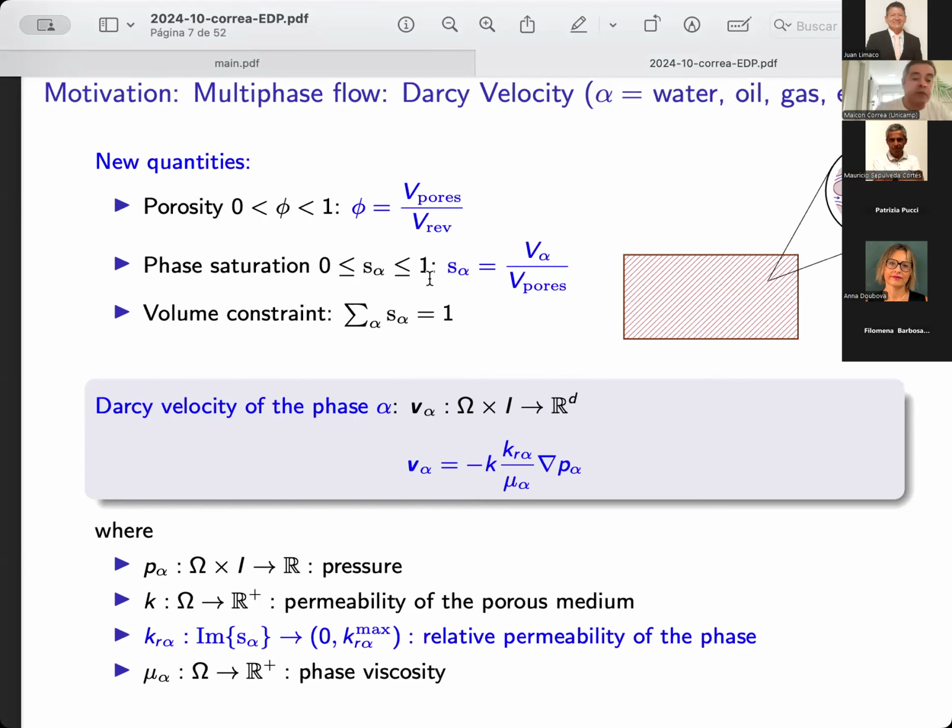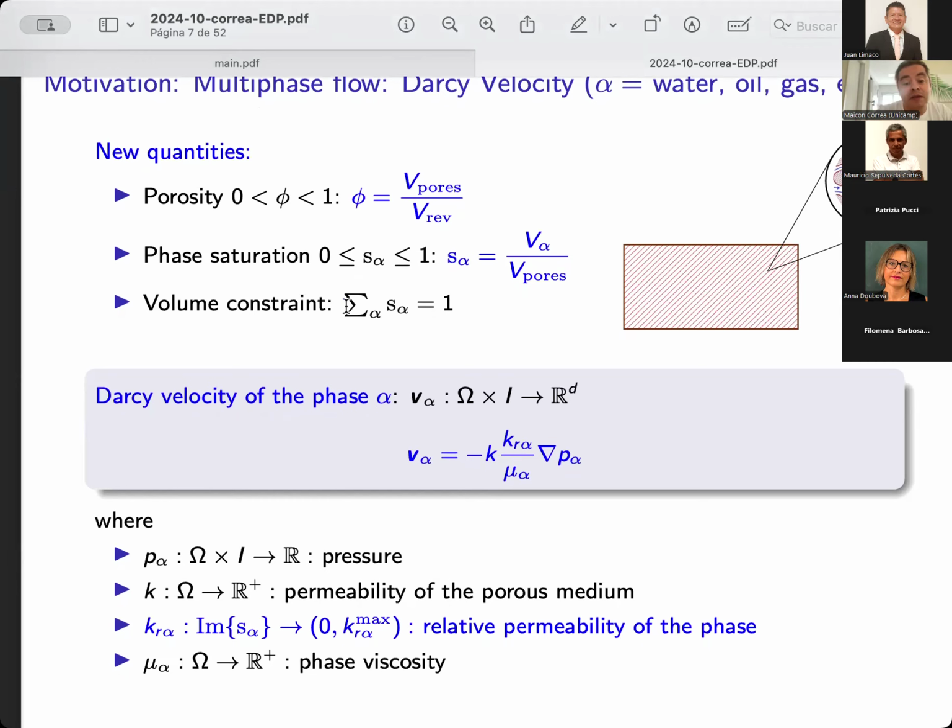So this is the context here. And this constraint here is really important, the volume constraint. If you sum all the saturations, it's 1. From the mathematical modeling point of view, it's okay. But when you go to the numerics, it sometimes is really hard to satisfy this constraint.